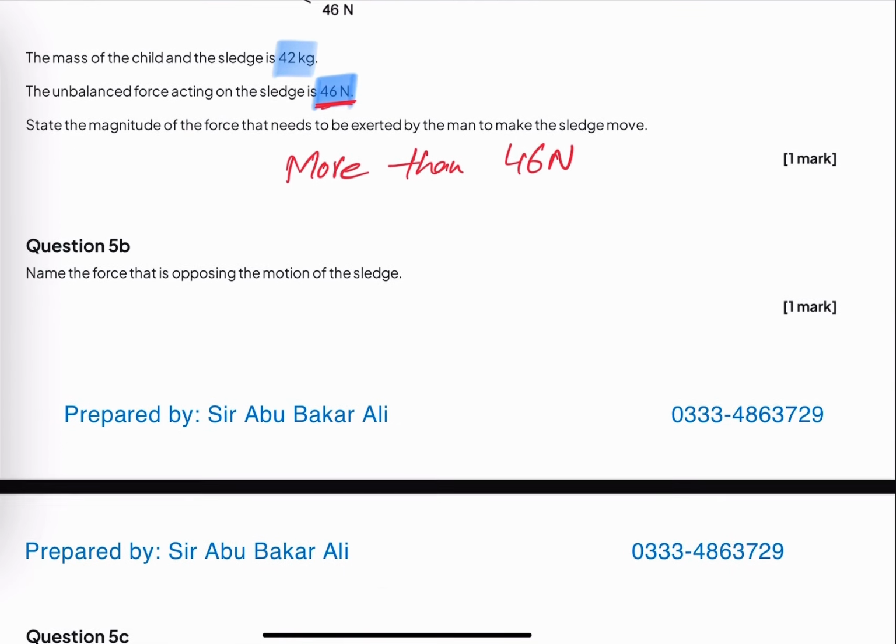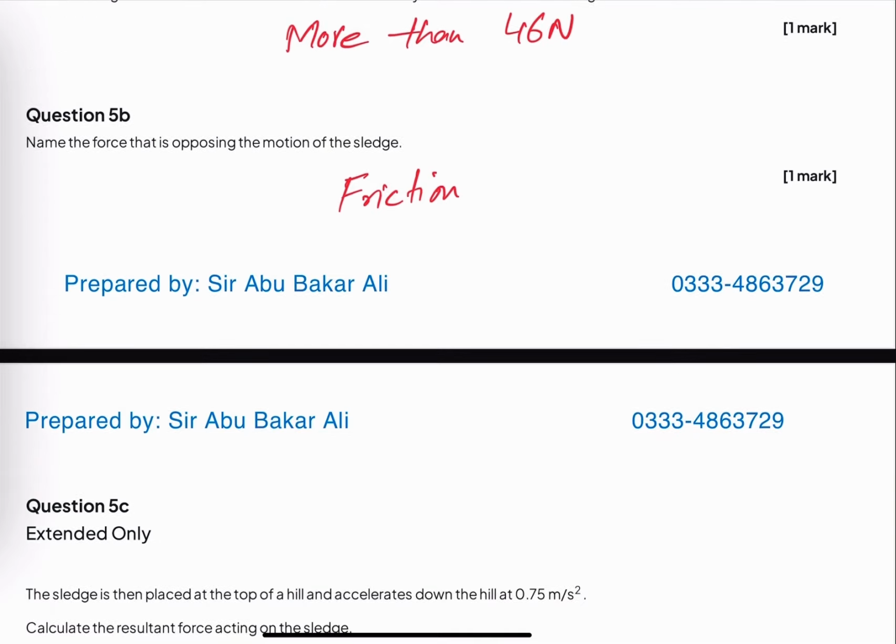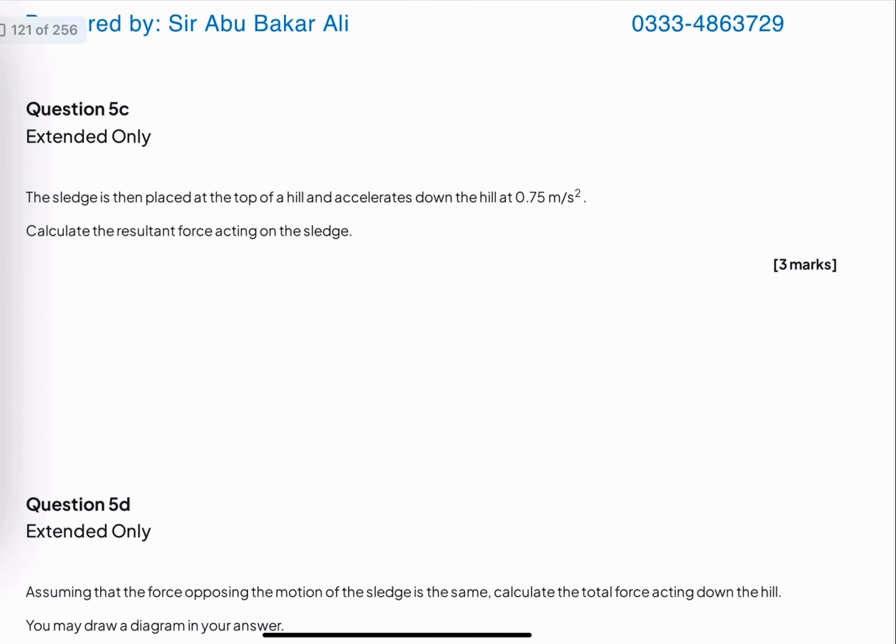And question 5b, name the force that is opposing the motion of the sledge. Okay, the opposing force is mostly friction. Question 5c. The sledge is then placed at the top of the hill and accelerates down the hill at 0.75 meters per second squared. So this is basically acceleration.